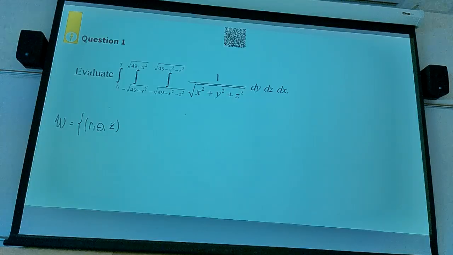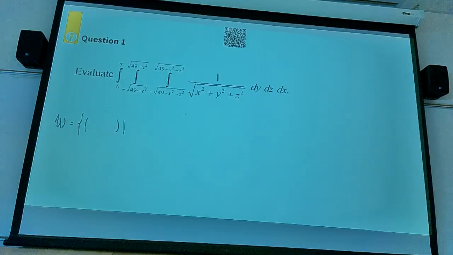Remember, cylindrical coordinates, the set of ordered triples are r, theta, z. I'm sorry, I'm not using cylindrical here. Look at the wrong problem.